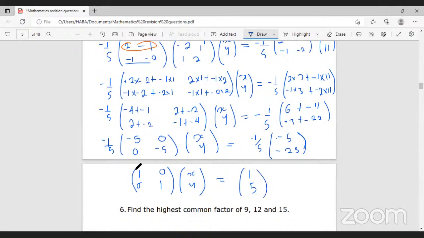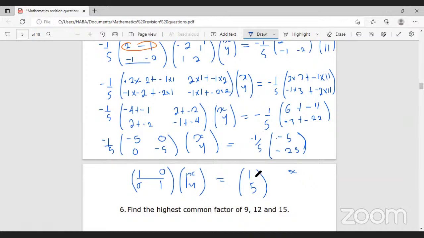So from here, we can still do some little multiplication. 1 times x is x, plus 0 times y, which is 0, because we are still multiplying row by column.